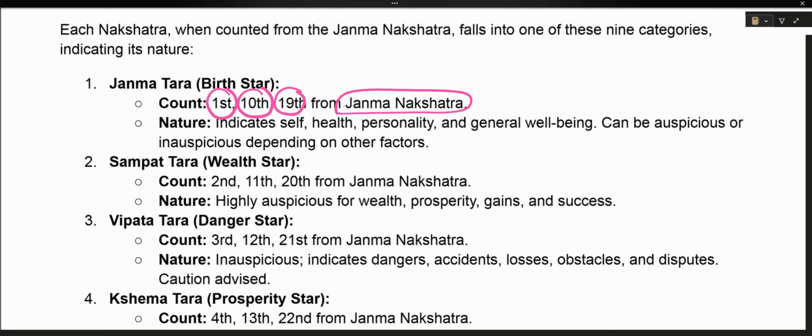So now let me read out the names. Starting from Ashwini up to Revati, these are the 27 stars.